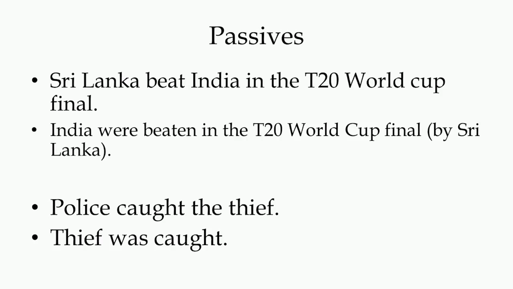In the passive counterpart, we see India were beaten in the T20 World Cup final. If we want to put in information, we can say by Sri Lanka. However, that's not a required element. Preceded by a preposition, that can be dropped or gets the status of an adjunct in a passive sentence. This has consequences and we will look at it a little later.